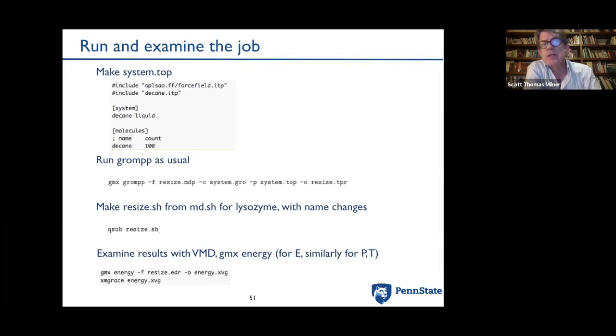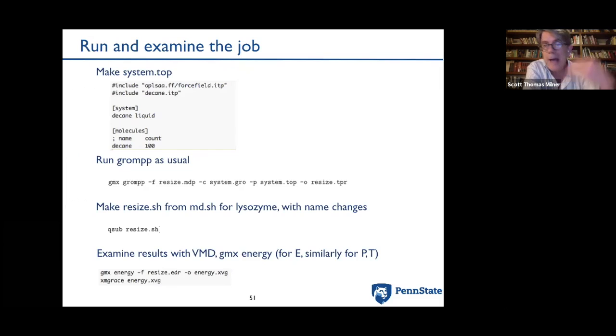So then to run this job, you need to build yourself a little system topology file, which is very simple in this case because there's just 100 decane molecules in there. So you read in the OPLS force field, you read in the decane ITP file, the molecule input topology file. You give the system a name and you tell it there's 100 decanes in there, and that's what you need.